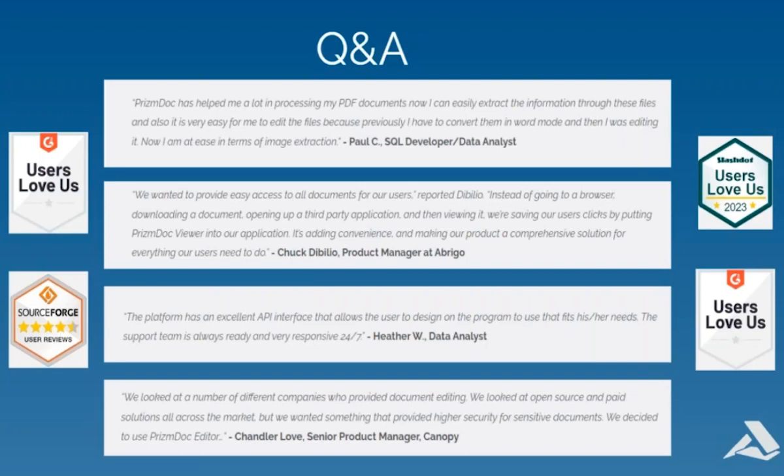But so Jindy, can you just remind everybody what are some of the deployment options that they can use with Prism Doc? Sure. So we have multiple deployment options that fit into 3 buckets: self-hosted, private cloud hosted, and then cloud hosted, all of which offer different benefits.